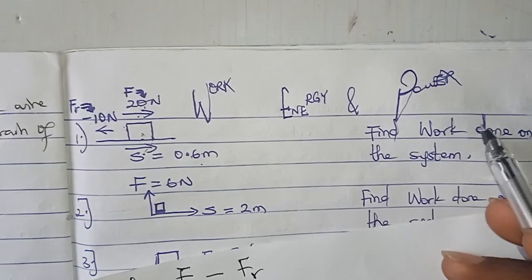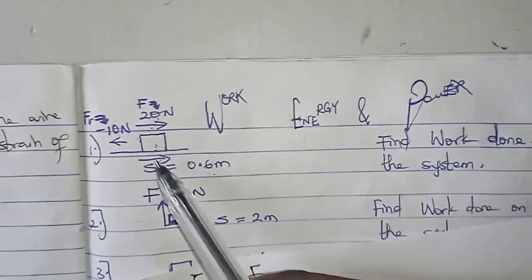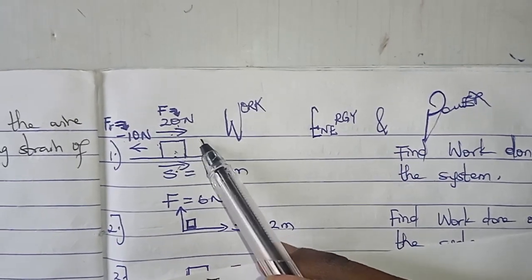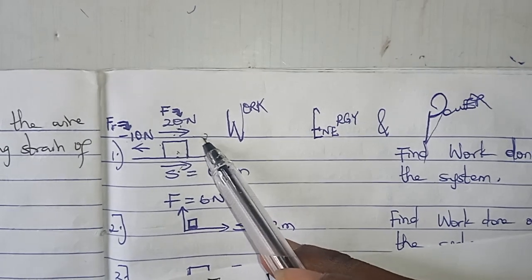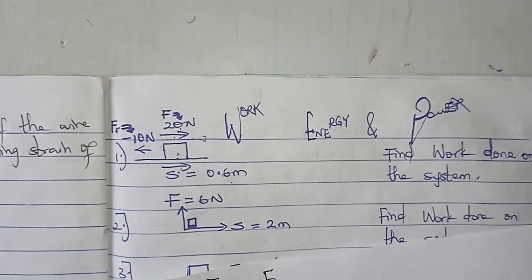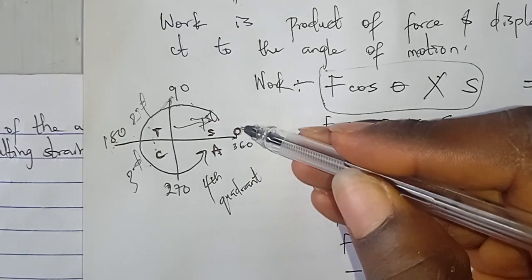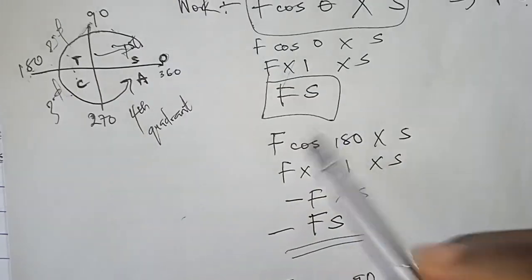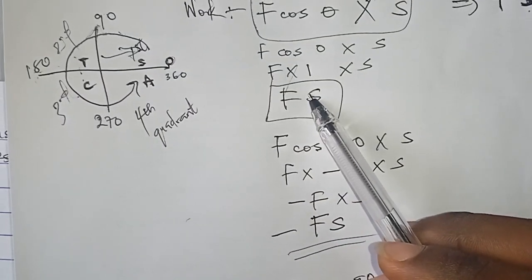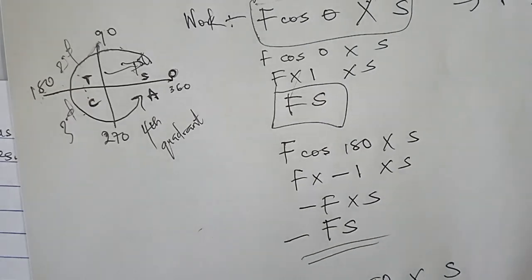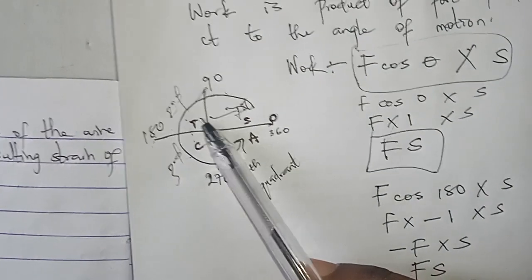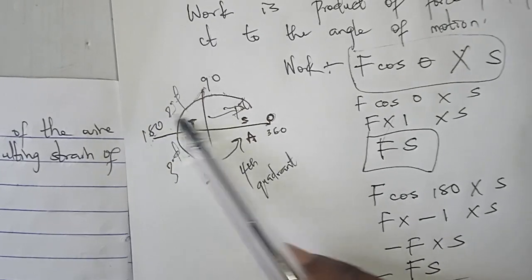They say we should find the work done. So we can see that force is going in this direction, and going this way is the first quadrant, so the angle is 0. So the formula for work that we use is Fs. Whenever we notice that there is movement at this angle, going towards 180, we apply this one.